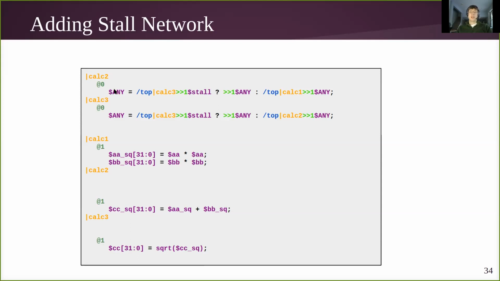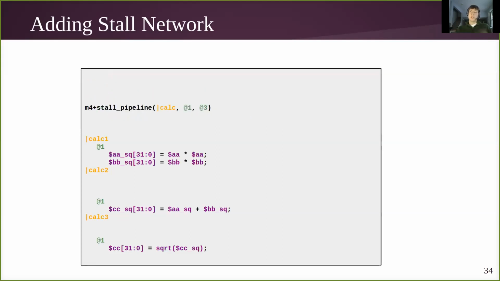They are expressing the stall behavior. So now that I've taken this generic stall behavior and isolated it, I can put that all into a library component. So there's an evolving library of flow components for transaction level Verilog, and it contains a stall pipeline macro. So we can just instantiate that macro.